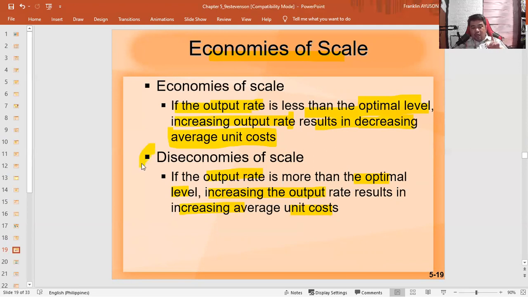Nagkakaroon ka ngayon ng diseconomy of scale. Nagkakaroon ka naman ng economy of scale pag napapababa mo yung ating average unit cost. Yan. So, ito yung production cost na tinatawag. So, in any operations, we always need to understand the level of economy of scale.